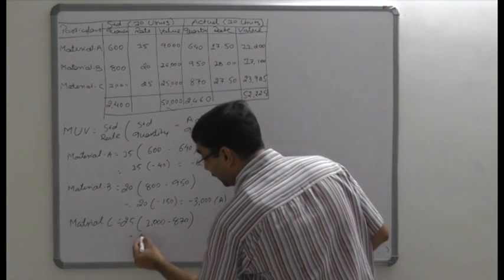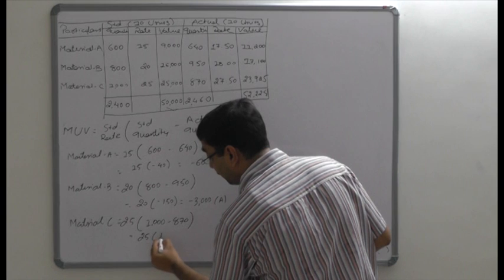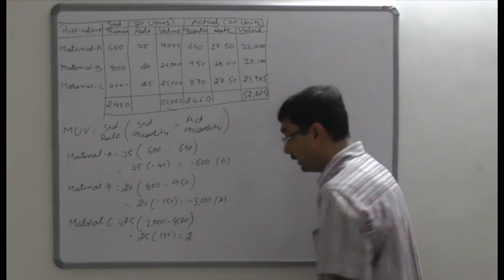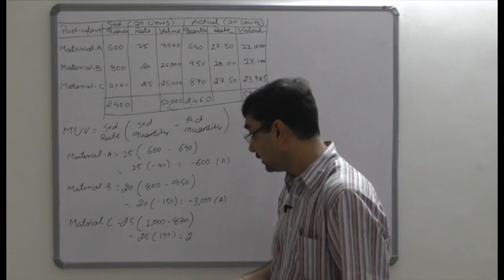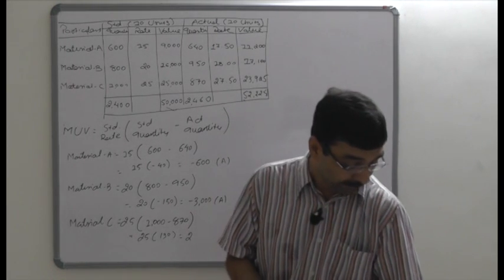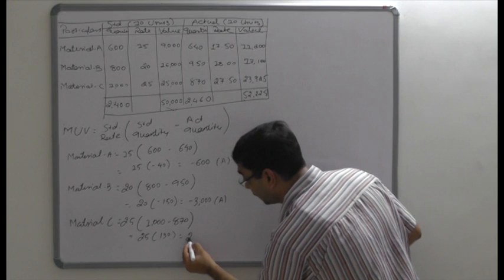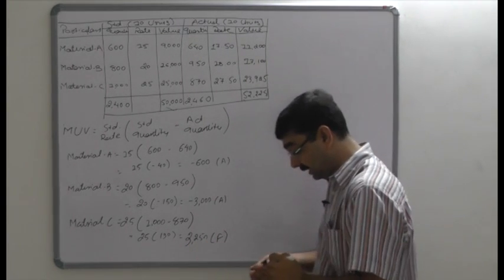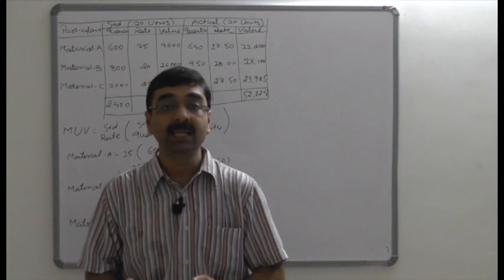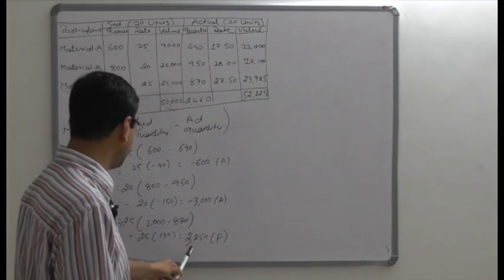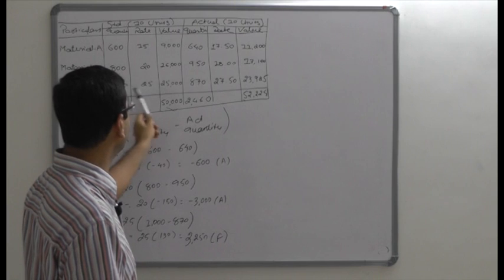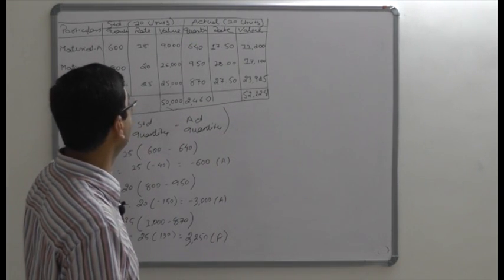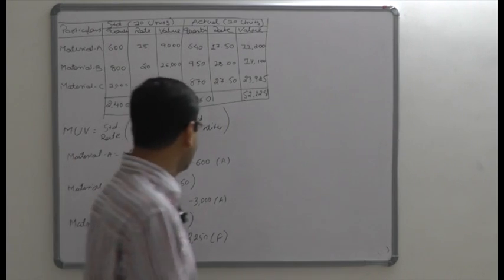So in this way we have some positive impact in material C, which comes to, just identify, around 3250. Yes, 3250, that is favorable. In material C we have a favorable situation because the company used a lesser quantity for the manufacturing of 10 units than the standard quantity, and that's why their answer is favorable.